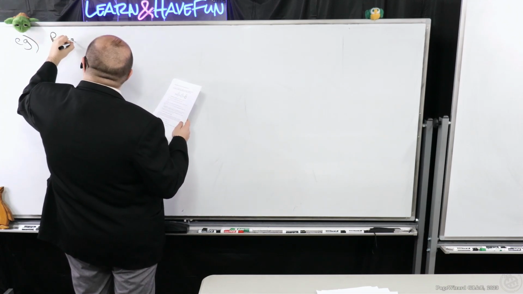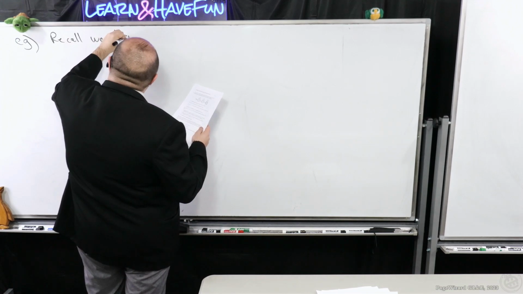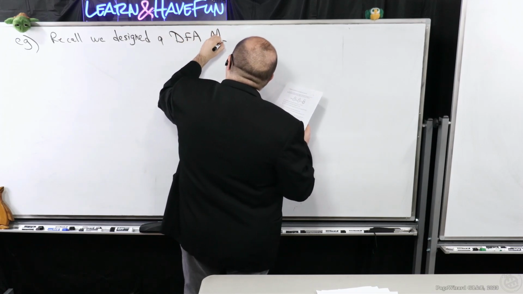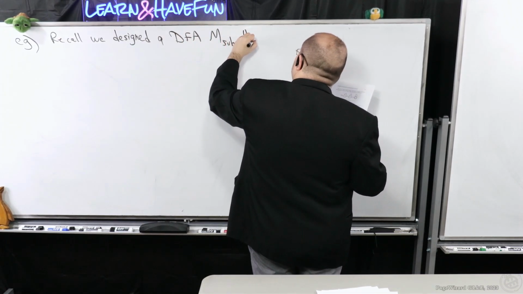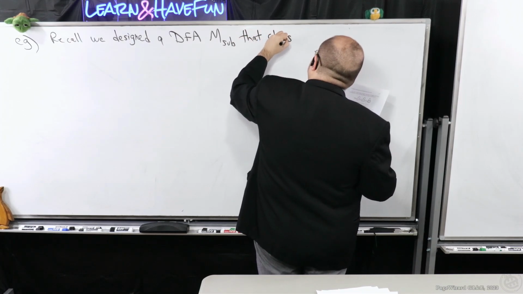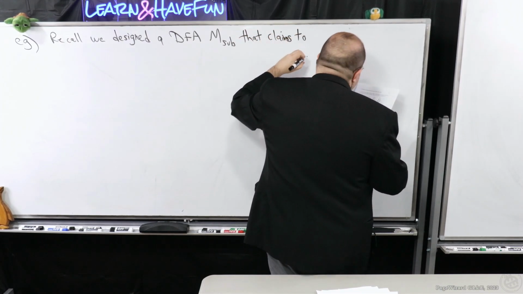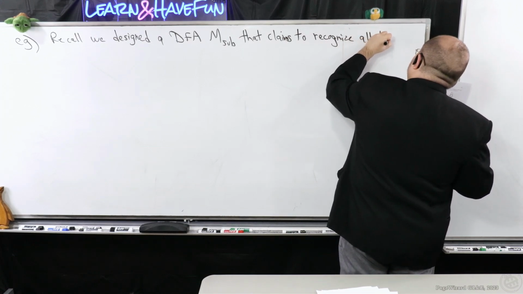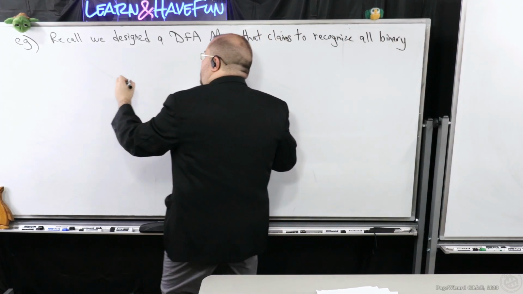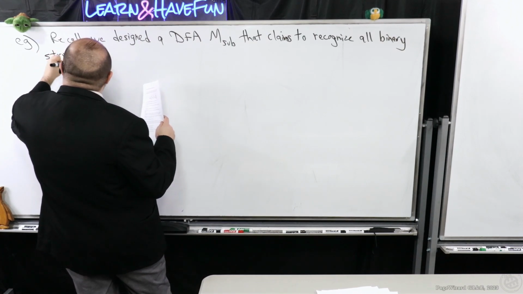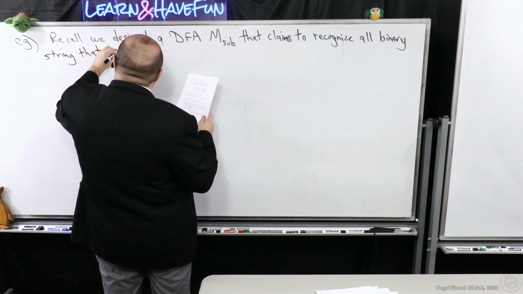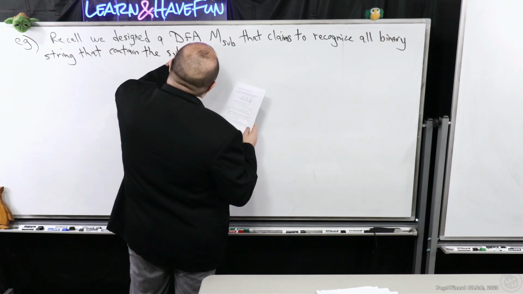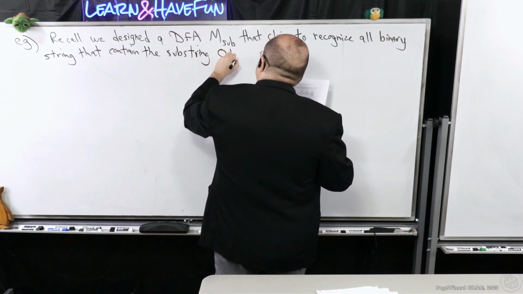So recall, we designed a DFA, and I'll call it M sub, that claims to recognize all binary strings that contain the substring 0, 1.